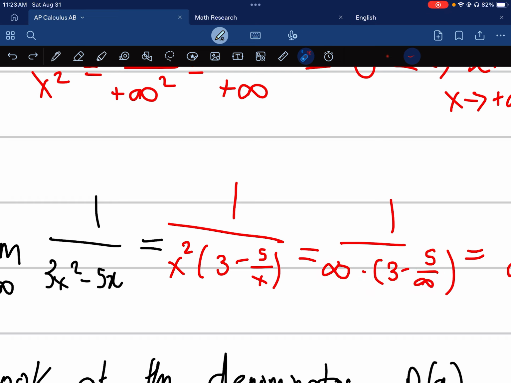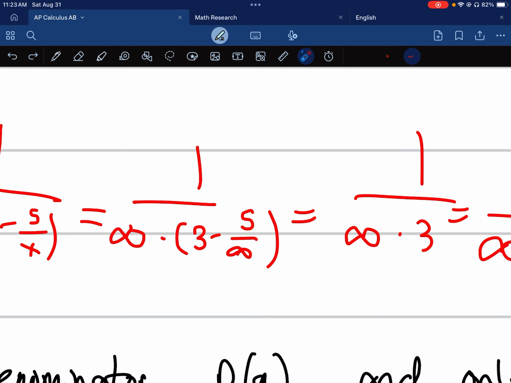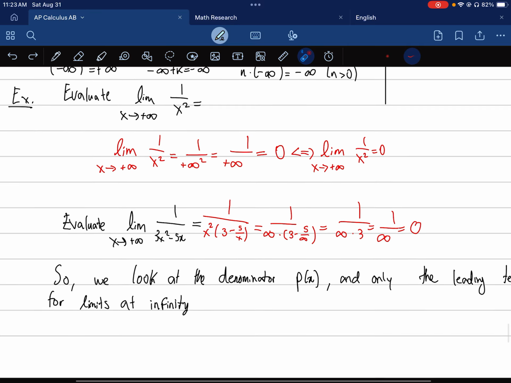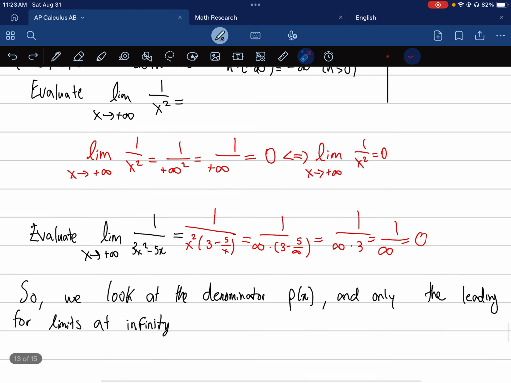This 5 over infinity, remember, is some infinitely small number, so 0. 3 minus 0 is 3. So we get 1 over infinity times 3, which is just like infinity, which gives 1 over infinity, which is 0. Now, we haven't definitively proven anything. Again, this is just concept-based and intuitive, but hopefully it'll help us understand how to evaluate these types of limits.